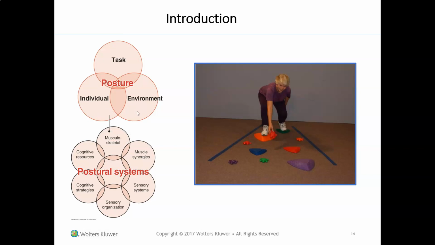Okay, so there's a lot of things that we can control: the task, the environment. But from the individual standpoint, there are some things from the postural system we cannot control, right? Sometimes we can't change cognitive resources. Sometimes we can't change cognitive strategies, sensory organization. Okay, so that will definitely influence posture.